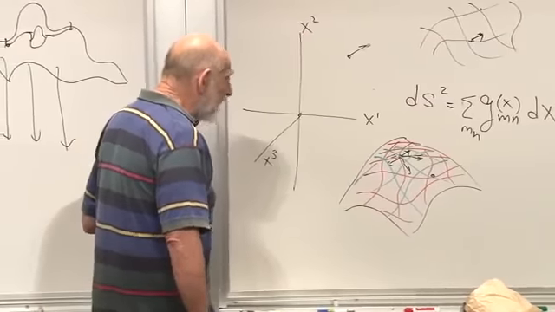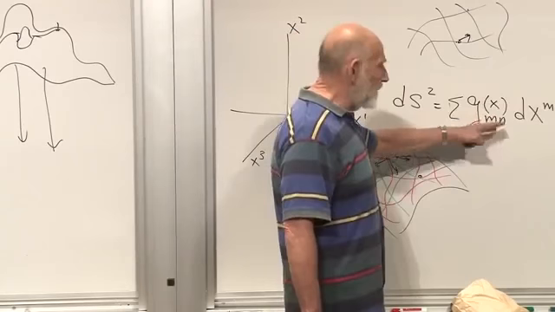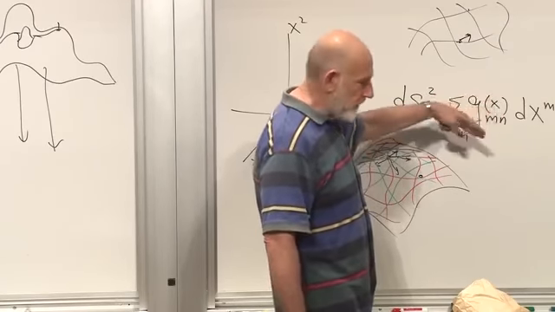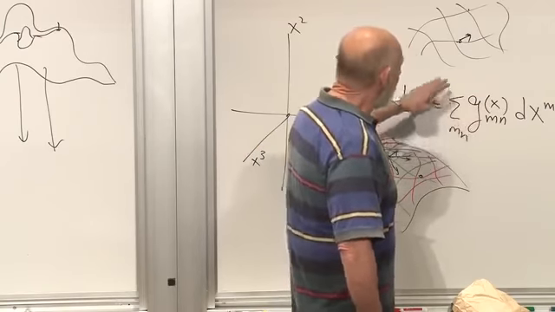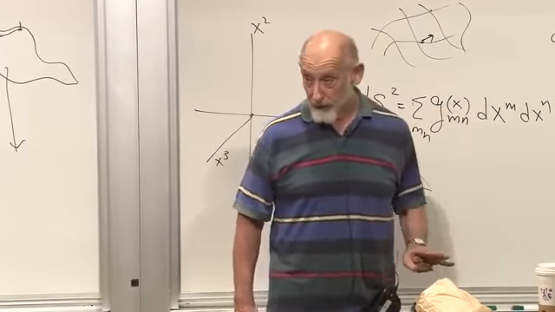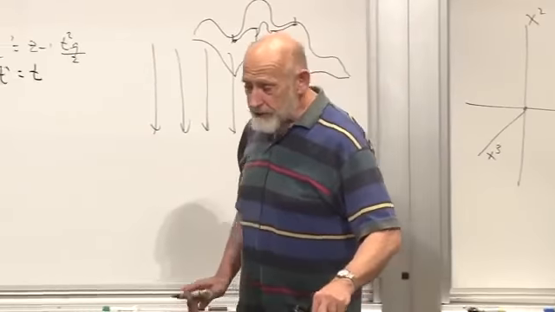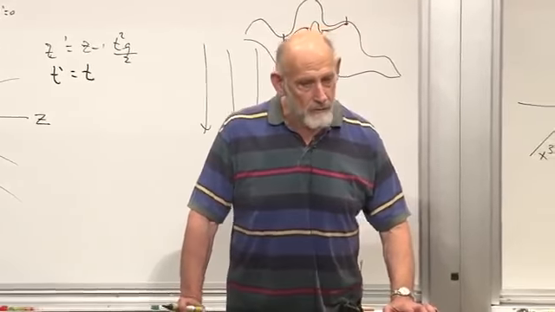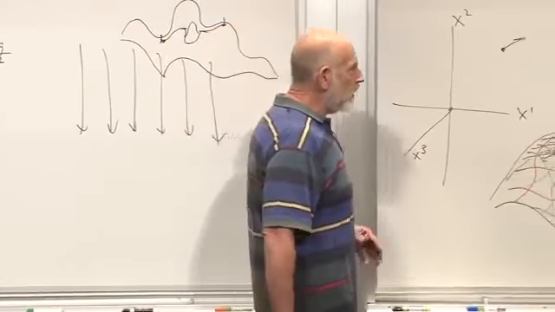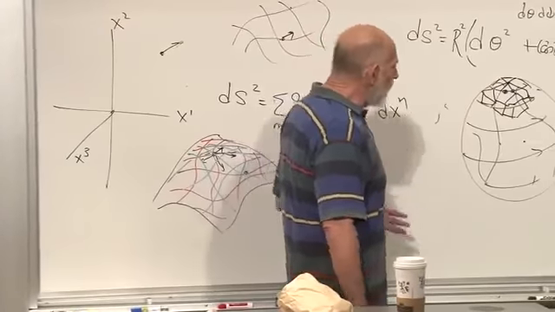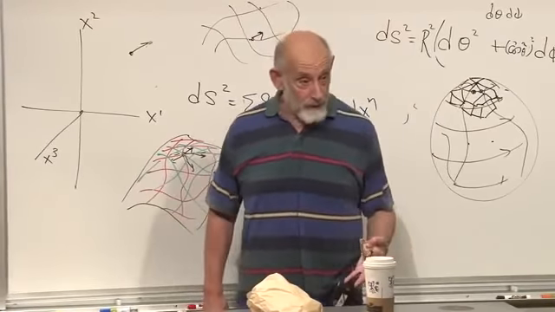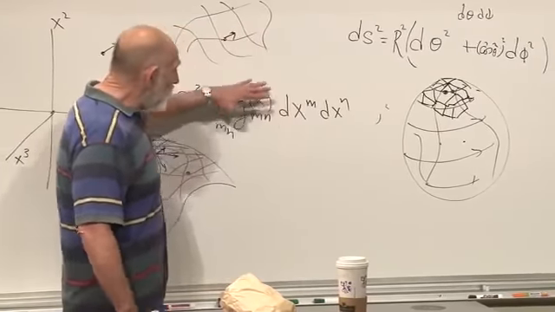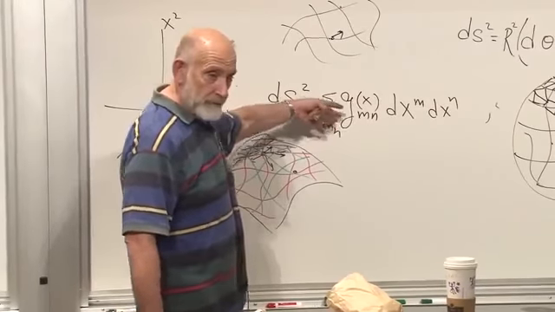The space is flat, not if Gmn is just a bunch of zeros and ones, as if it were just the Pythagorean theorem, but if a coordinate transformation can make it look like that. So, in that sense, it has a vague similarity. It turned out not to be a vague similarity at all, but a very close parallel between the question of whether you can find a coordinate transformation which removes gravitational fields. Question is, can you find a coordinate transformation which removes the curvy character of the metric tensor here?